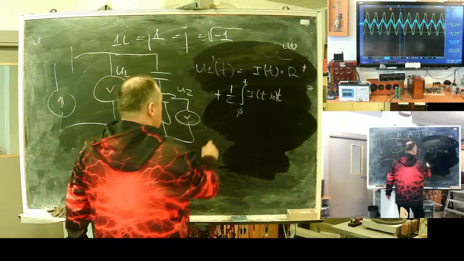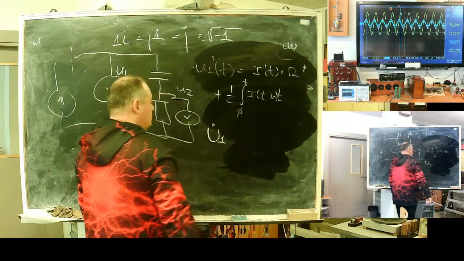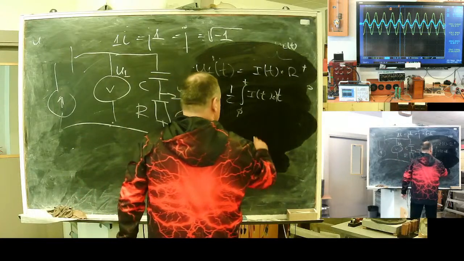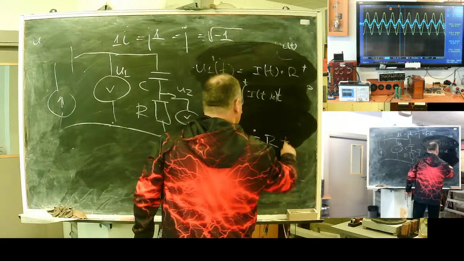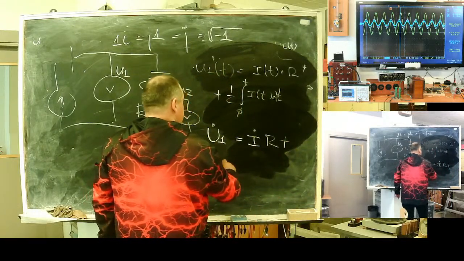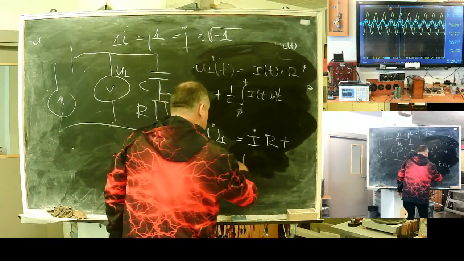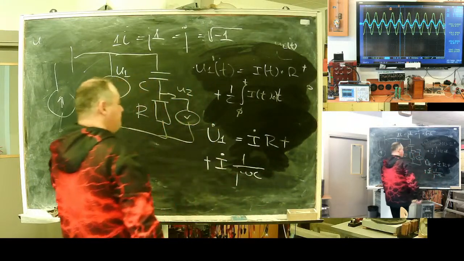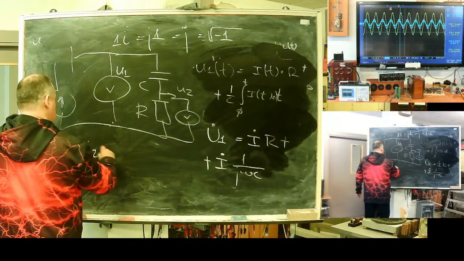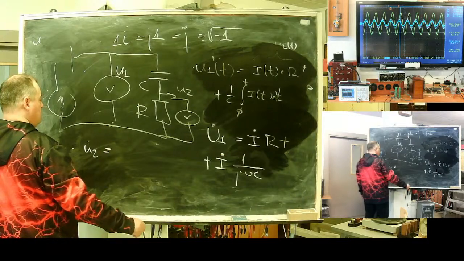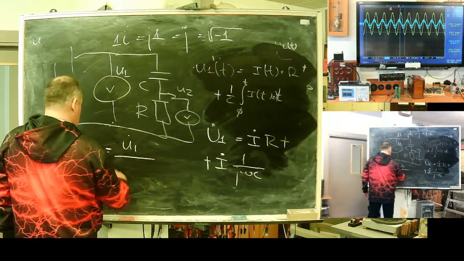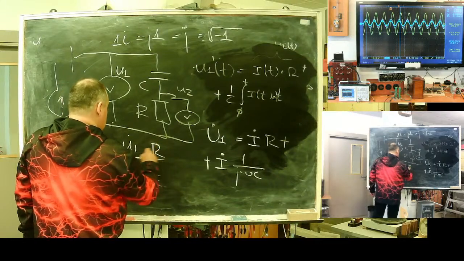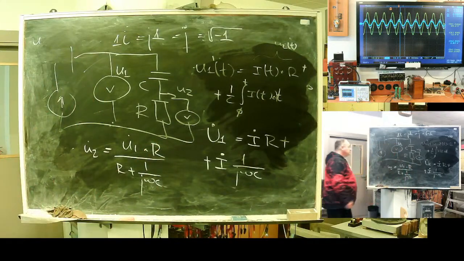In this complex form, the image of the first voltage on a complex plane equals I R plus I over j omega C. I can write it as I multiplied by R plus 1 divided by j omega C. Here it is. Much easier.